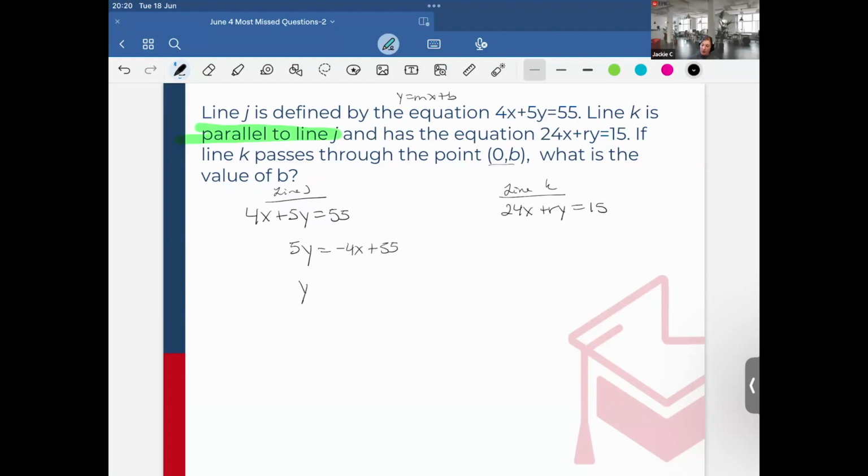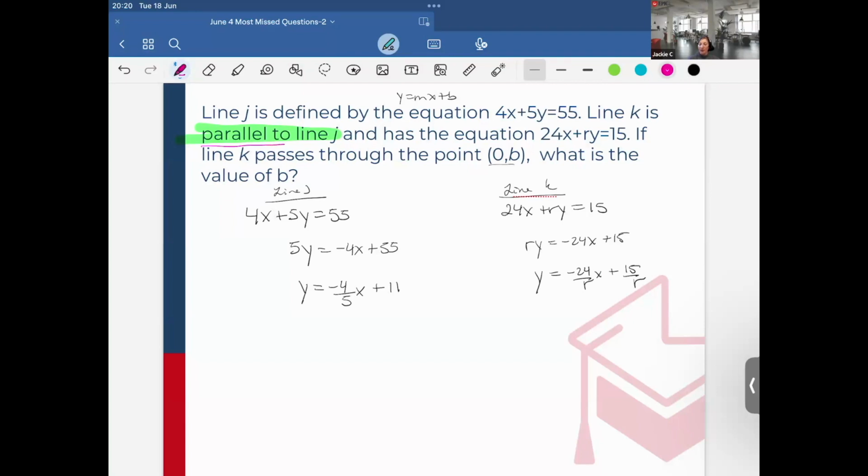Here, everything put into slope-intercept form would be y equals -4/5 x plus 11. And then let's do the same here. So ry is equal to -24x plus 15. Divide everything by r. So y is equal to -24 over r x plus 15 over r.